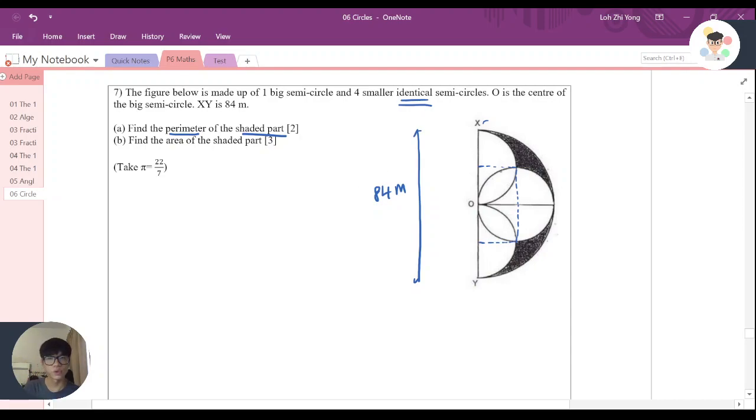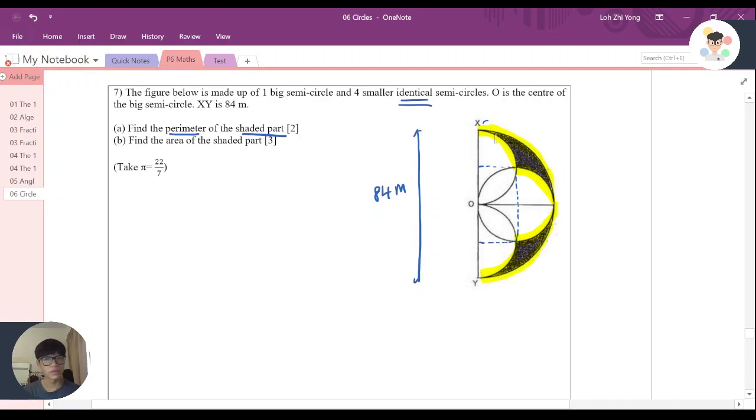If I were to do this, you will notice that the length here is actually equal to the length here. And the length here is also equal to the length here and also equal to the length here. And just for information, if you're good with this, you can find out that all of this yellow color length is actually equivalent to the length here.